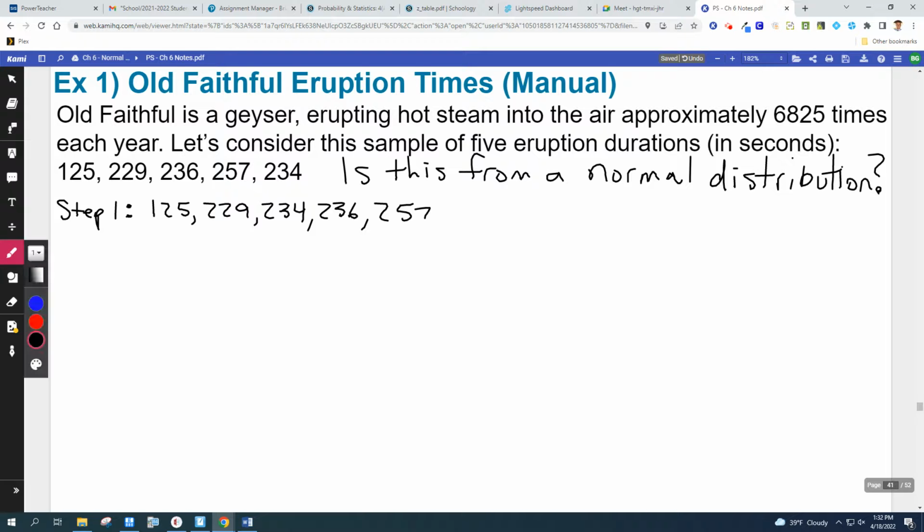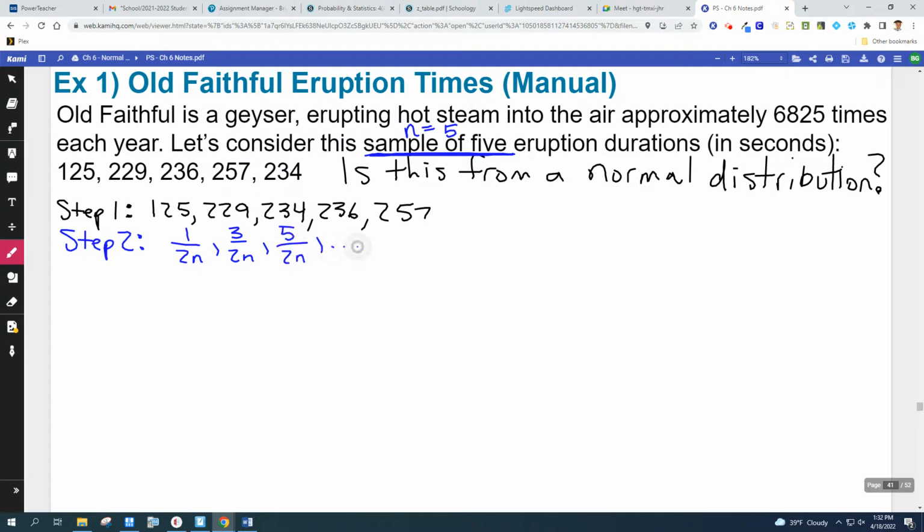Step 2, I think step 2 is the hard one to understand. When they say sample of 5, n equals 5. In step 2, they told us to look at 1 over 2n, 3 over 2n, 5 over 2n, and so on.